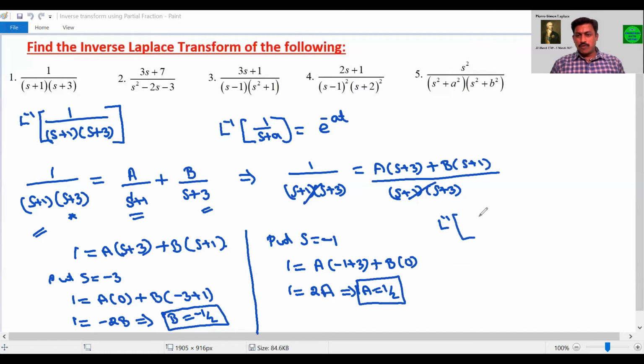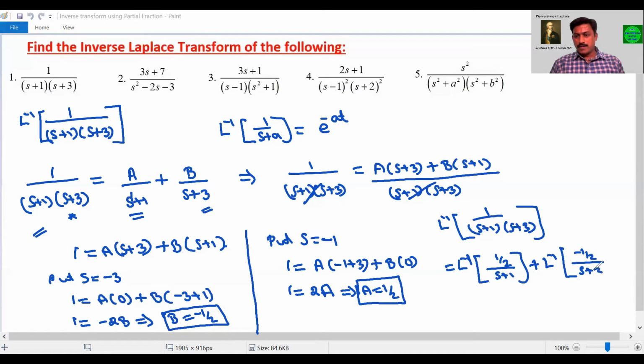L inverse of 1 by (s plus 1) into (s plus 3) can be written as L inverse of a divided by (s plus 1), where a is 1 by 2, plus L inverse of b divided by (s plus 3), where b is minus 1 by 2. Now I will take the constant out: 1 by 2 into L inverse of 1 by (s plus 1) minus 1 by 2 into L inverse of 1 by (s plus 3).